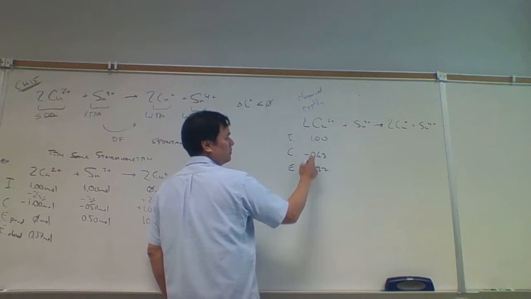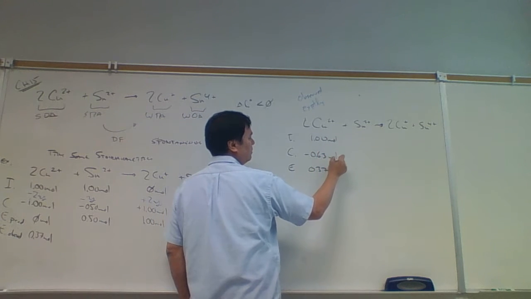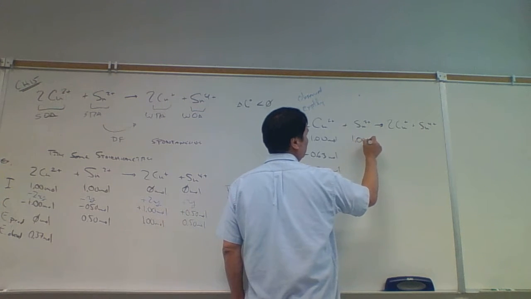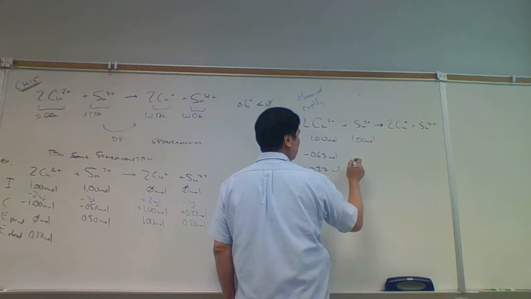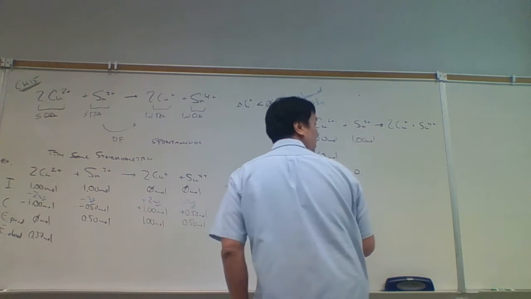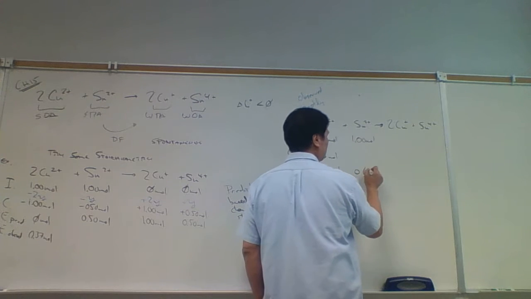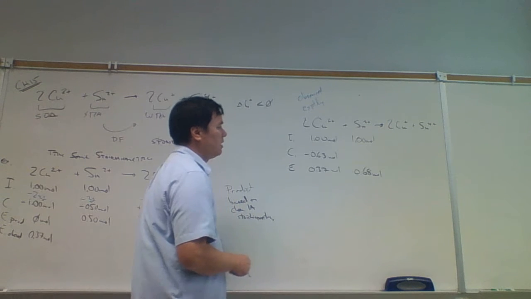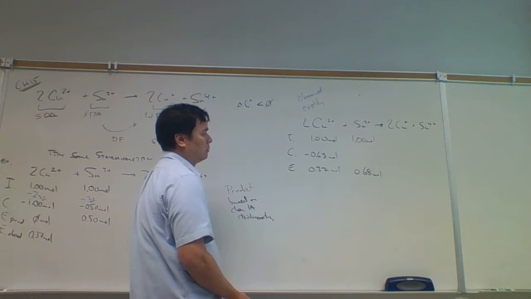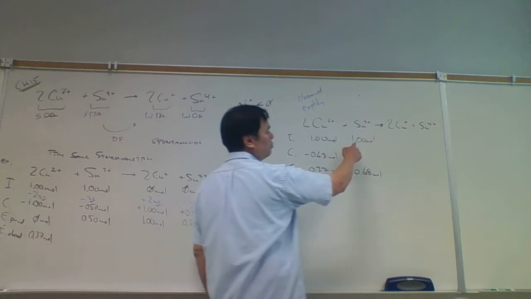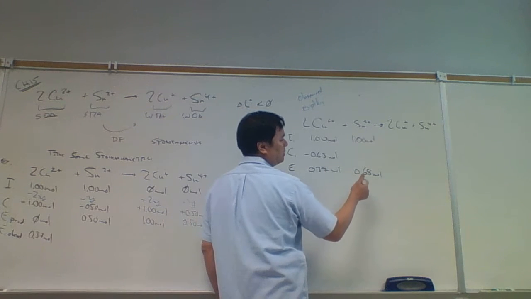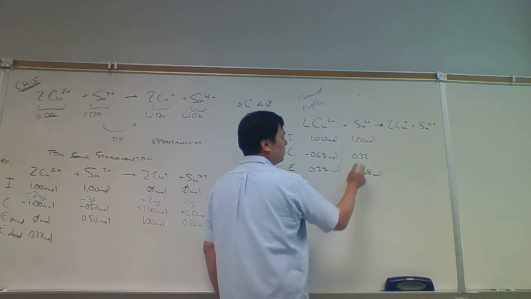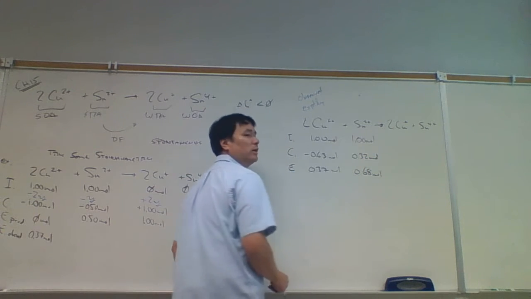We lost 63% moles. And so if we have 1.00 moles of tin, at the end we're left with actually 0.68. And so how much did we lose? Well, we started off with 100. We end up at 68, so that means we lost 32. Lost 32% of the excess reagent.